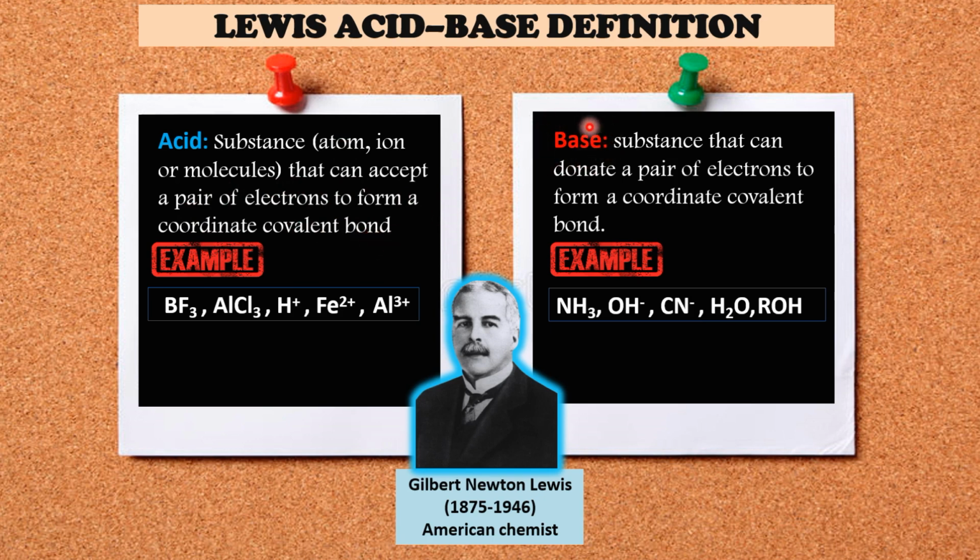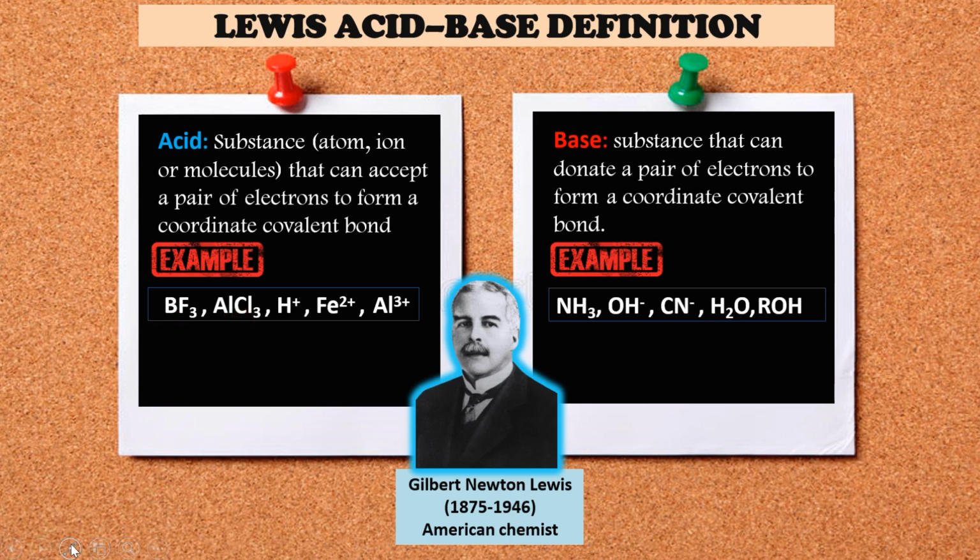Whereas a base is a substance that can donate a pair of electrons to form a coordinate covalent bond. These are the examples. The first example here is BF3 and AlCl3.